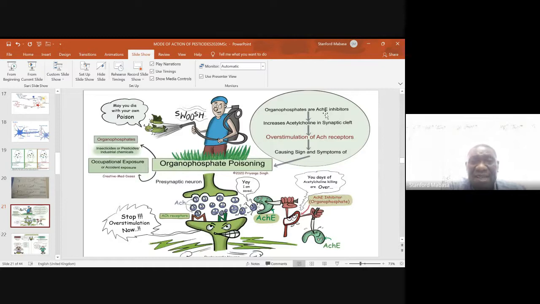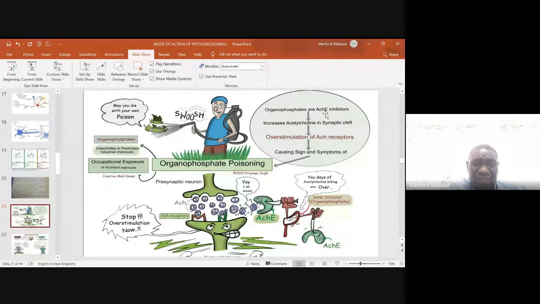If you inhibit the acetylcholine enzyme, you actually increase the level of acetylcholine, the transmitting substance. The acetylcholine will transmit signals in the synapses.